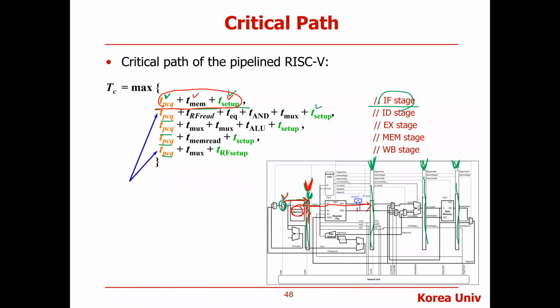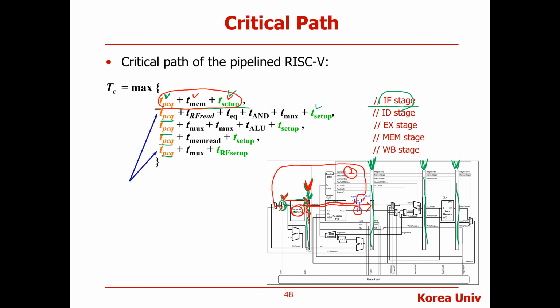That is the first path. And the second path, because we placed that comparator here, you start from here, read the register, then go through this comparator, and it ends at the PC. Flip-flop to flip-flop delay, right? This flip-flop to that flip-flop delay. So that is the second path you have to consider.